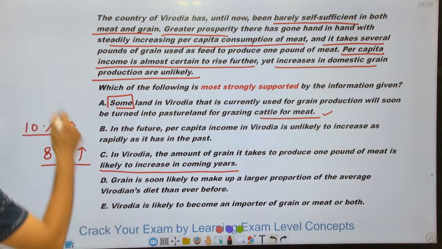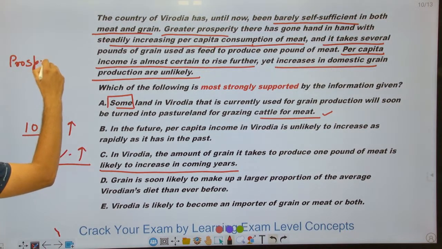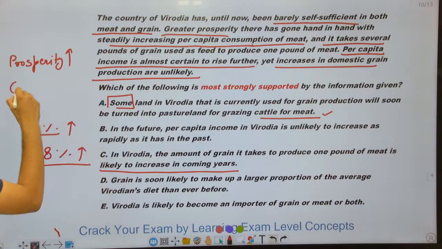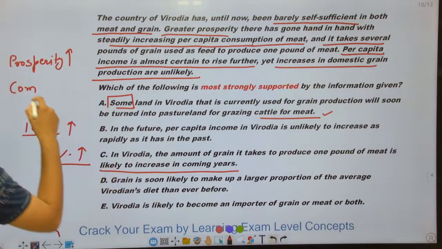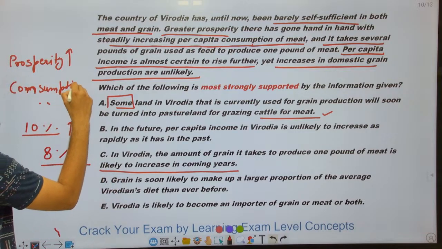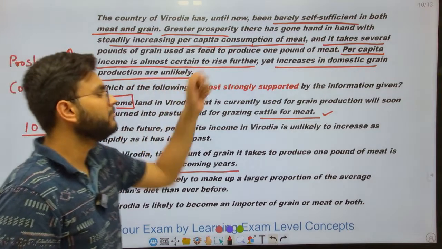If your prosperity improves, your consumption also increases. Now I already know their incomes are going to rise.